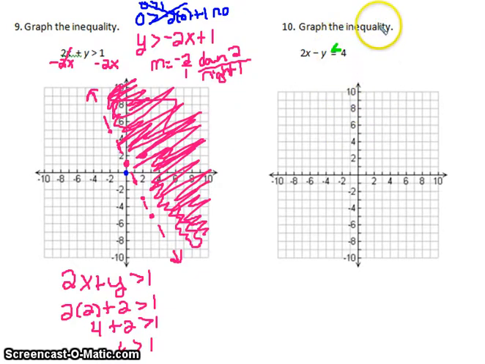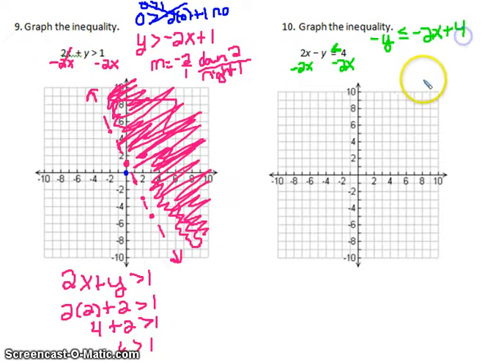If we make it less than or equal to, then we have to first subtract the 2x. I'm going to do that down here. So if I subtract 2x, that gives me negative y is less than or equal to negative 2x plus 4. Why did I do this? Because in order to get y by itself, what do we have to do?